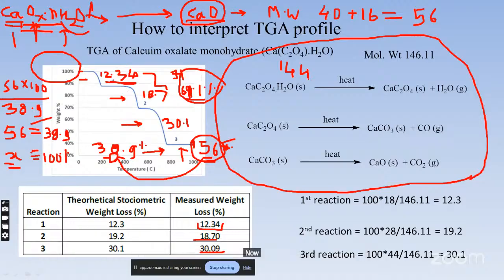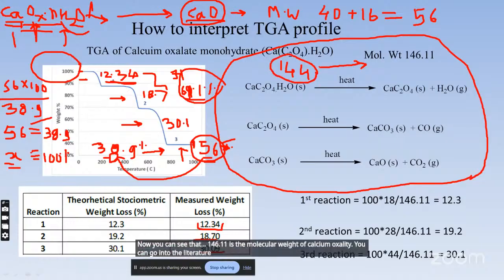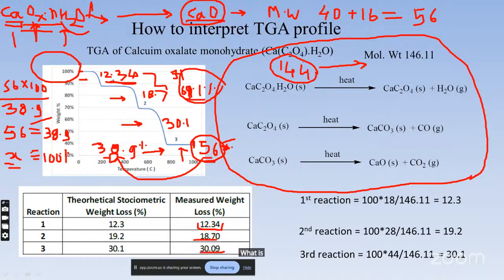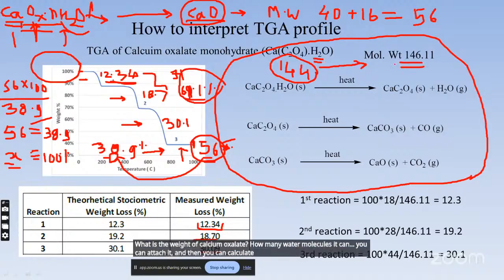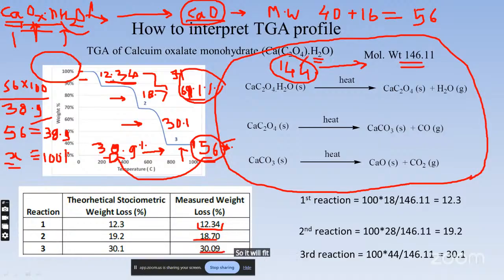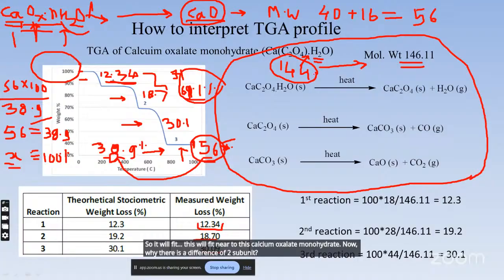Now you can see that 146.11 is the molecular weight of calcium oxalate. You can go into the literature or you can just build what is the weight of calcium oxalate, how many water molecules you can attach, and then calculate the molecular weights. So this will fit near to calcium oxalate monohydrate. Now why is there a difference of 2 units? We have only considered round figures here.